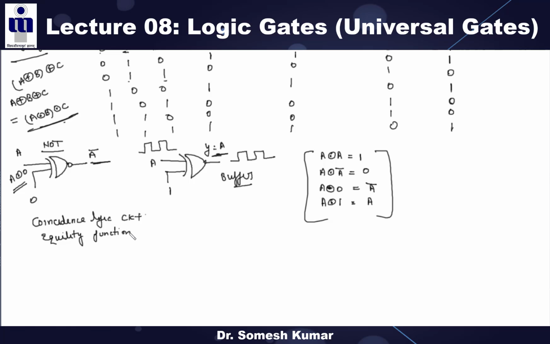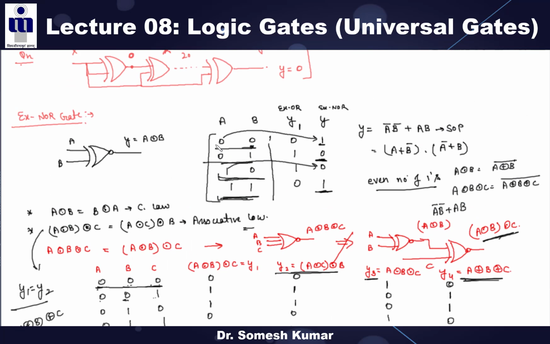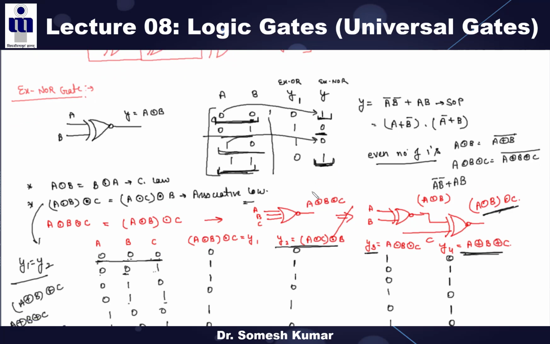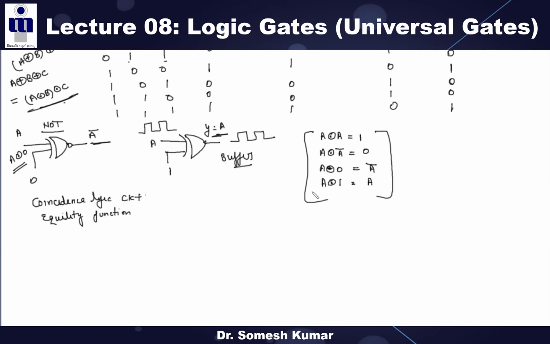It means coincidentally it is giving the output when both inputs are 0 0. When both inputs are 0 0, it gives output 1, right? When both inputs are 1 1, it also gives output 1, right? So that's why it is called the coincidence logic. And sometimes it is also called the equivalence circuit, right?